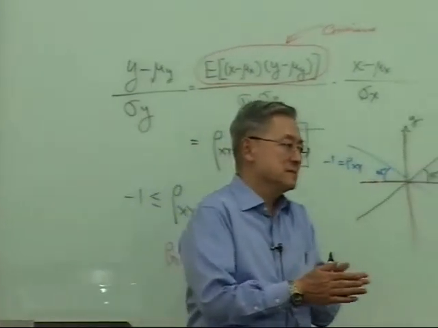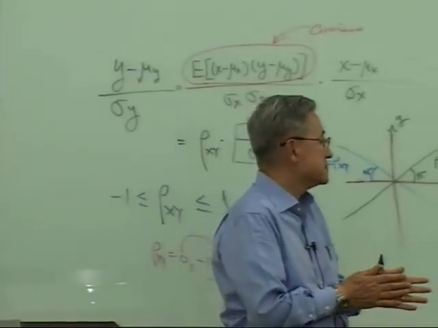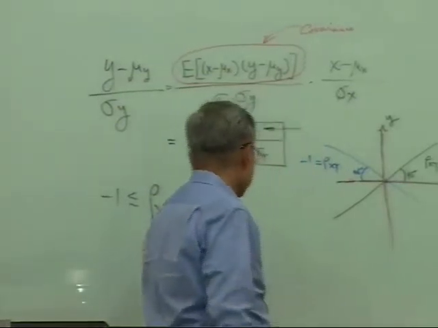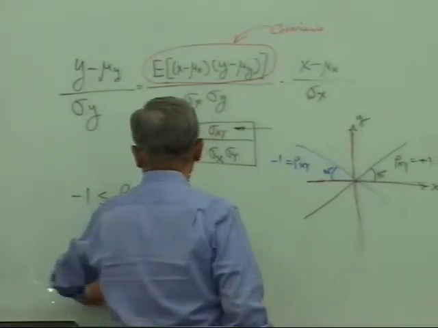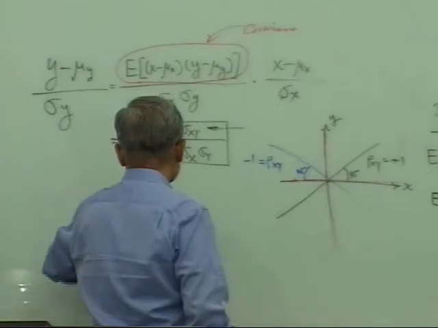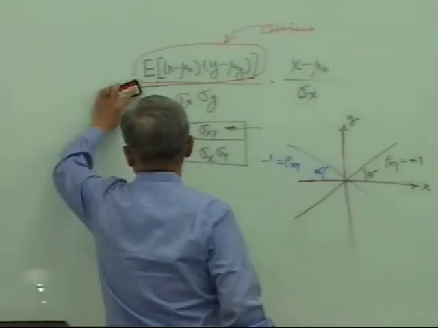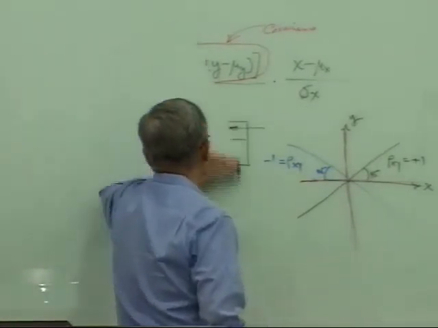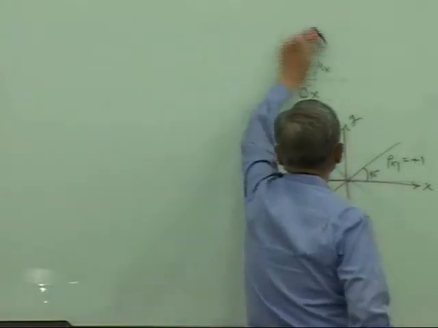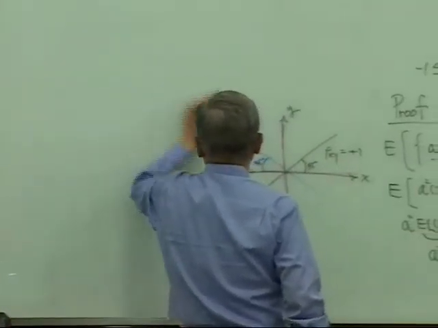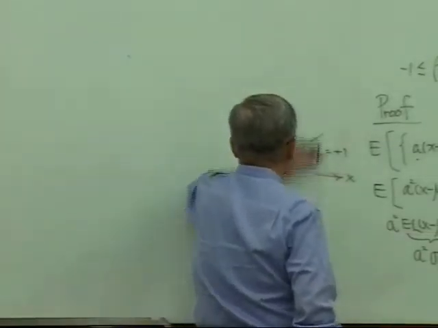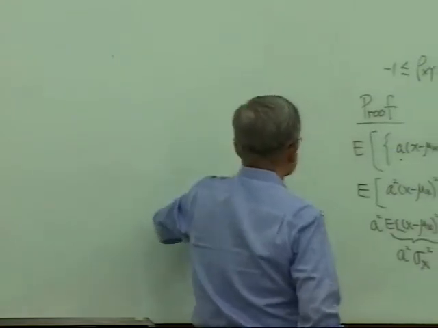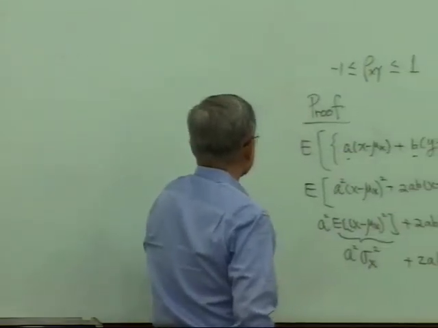Question? So the correlation coefficient ranges between -1 and 1, it has a simple proof and they are correlated to each other.